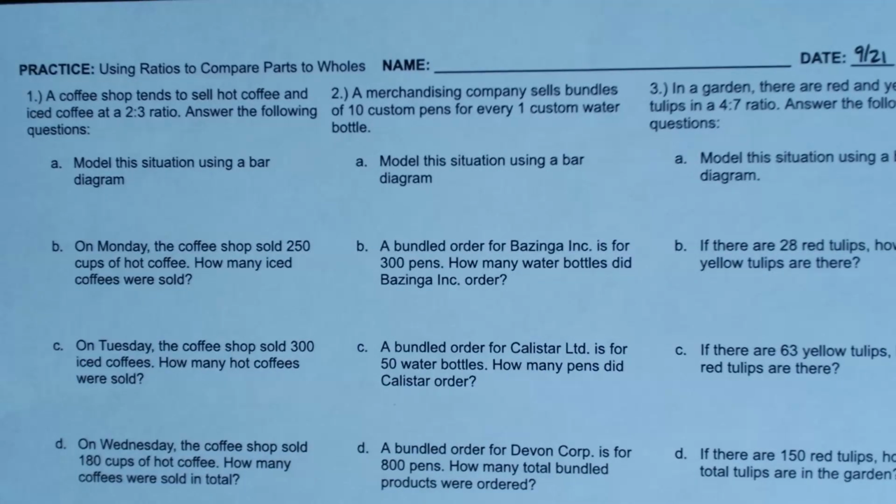So number 1, a coffee shop tends to sell hot coffee and iced coffee at a 2 to 3 ratio. A says model this situation using a bar diagram. A 2 to 3 ratio is going to have how many blocks? 5.